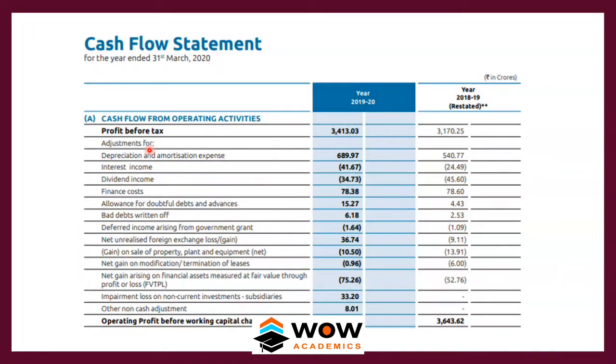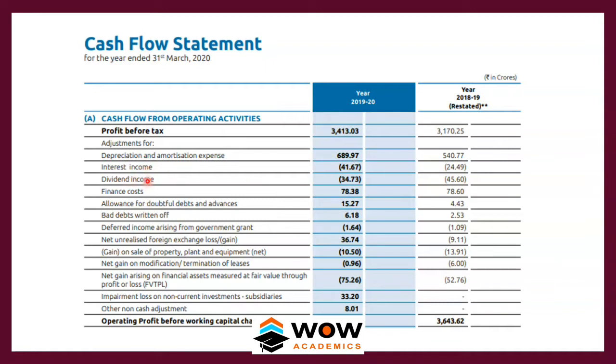You can interchangeably use the term cash flow statement or statement of cash flow. That doesn't matter. So you could see here, this is profit before tax and it is being adjusted for depreciation, interest income. Depreciation is an expense, so it is added back. Interest income is an income, so it is deducted. All right, so dividend income is deducted.